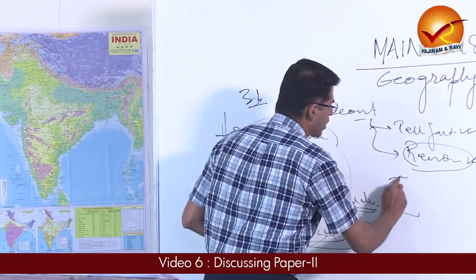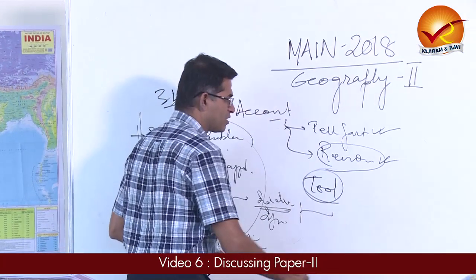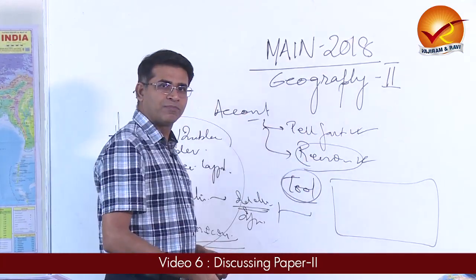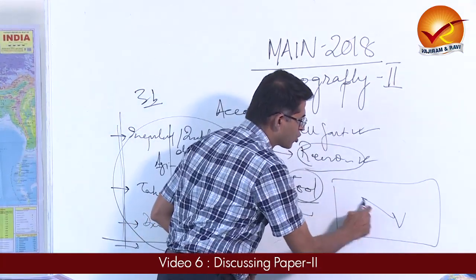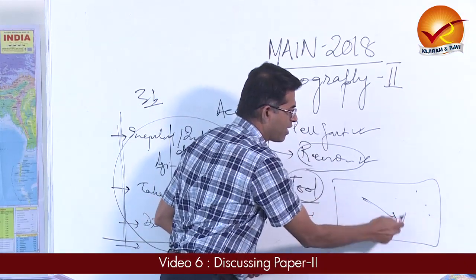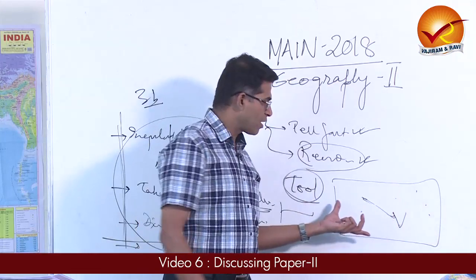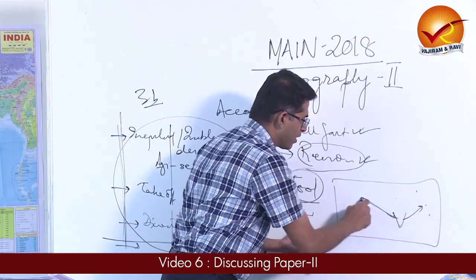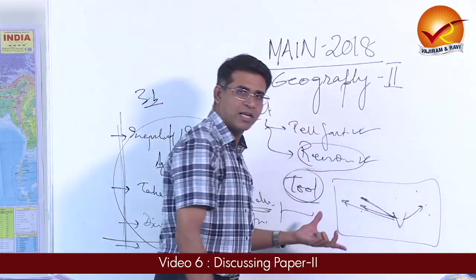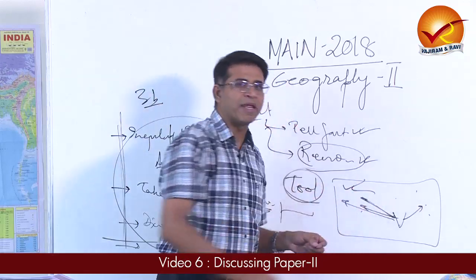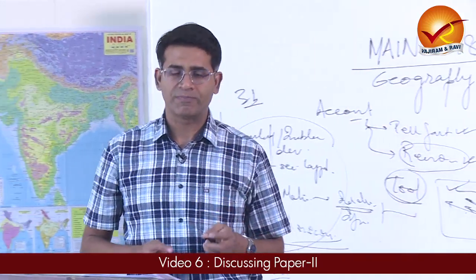One tool that you can use to show a bit of geography is to draw the world map and show where India's negative trade balance is captured. What is India's status with China, with Venezuela, with Middle East, with the US? This map itself will bring a bit of geography in your answers.